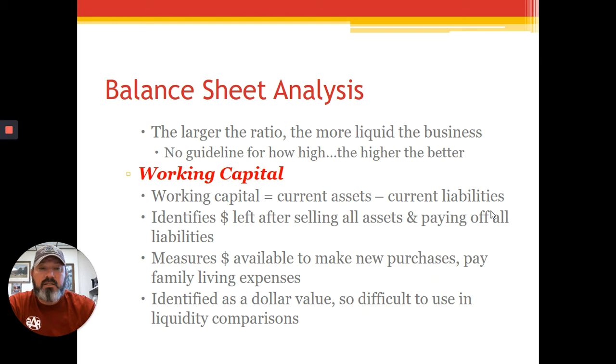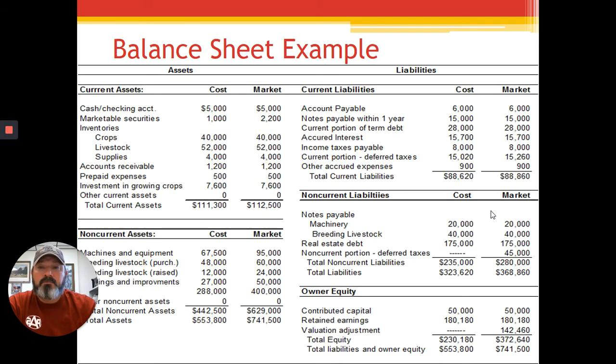So current assets minus current liabilities. Again, those are the dollars left after selling all your assets and paying all your liabilities. It measures the available cash to make new purchases or pay your family living expenses, etc. Since it's identified as a dollar value, it's probably not going to be used in liquidity comparisons.